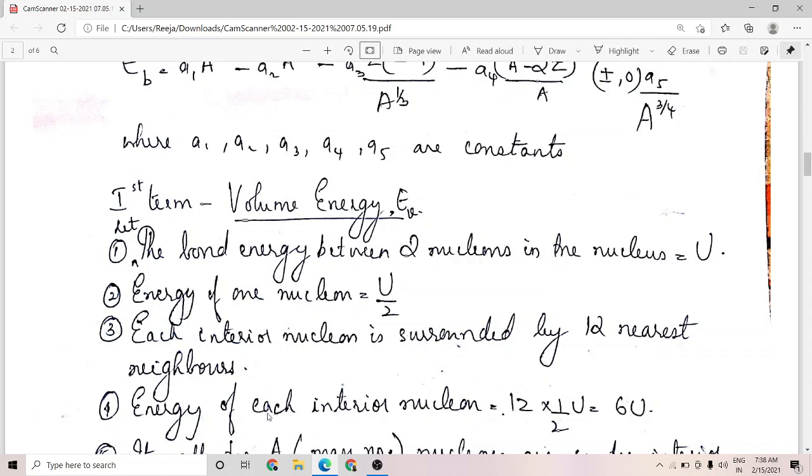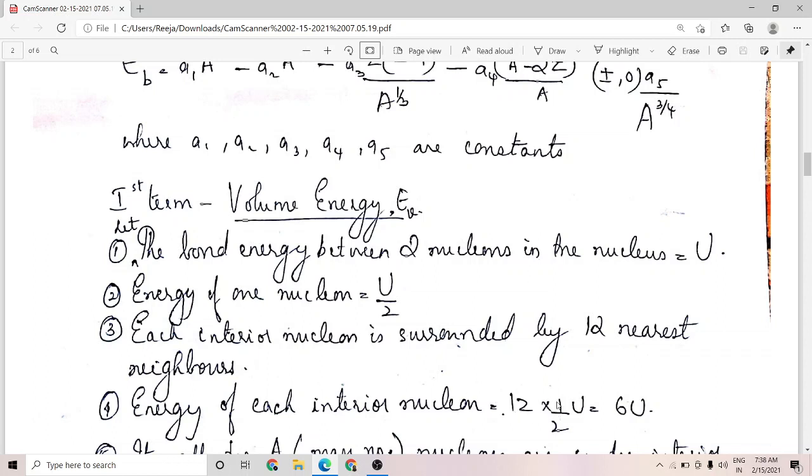So the energy of an interior nucleon, that is, the energy of one nucleon, we calculated it to be U by 2. Now we have a single nucleon surrounded by 12 nearest neighbors. So between one nucleon and its nearest neighbor, the energy is U. There are 12 such neighbors, so the total energy is 12U, so that the energy of one interior nucleon is half of it.